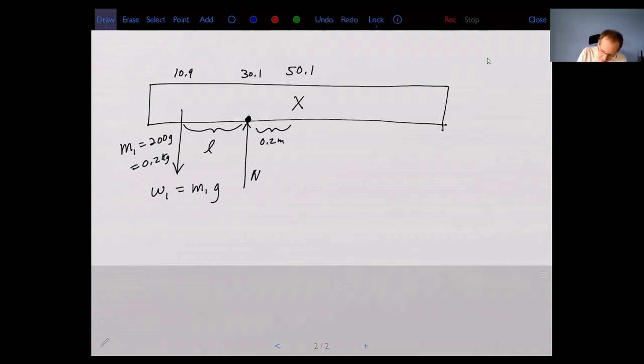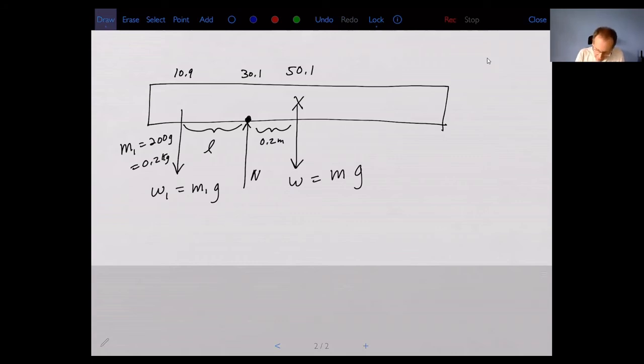And then I have another weight, which is now the weight of the meter stick itself. So where do I draw that vector? Well, I would draw it acting at the center of mass. So I'll just call this W. And this is equal to the mass of the meter stick, which we don't know, we're trying to predict that, times G. Right, so I have 3 forces acting. So when I calculate my sum of the torques, instead of equal to 0, I want to include 3 torques. I have 3 forces, I want 3 torques, okay?